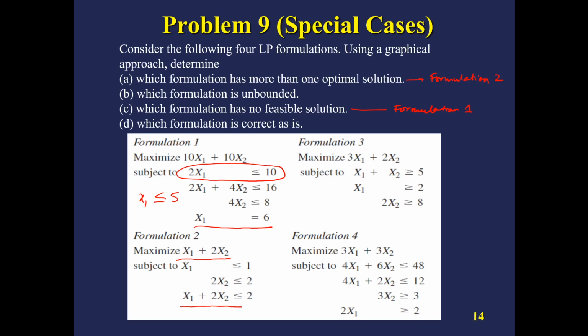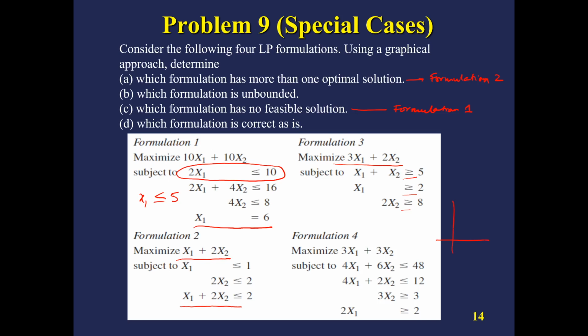Now if we draw this, we can see that the constraints, it's a maximization problem, and we have x1 plus x2 greater or equal to 5, x1 greater or equal to 2, 2x2 greater or equal to 8. Most likely, if we draw this, we will find that this has an unbounded solution.